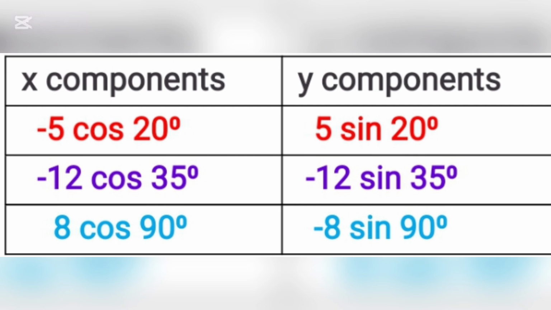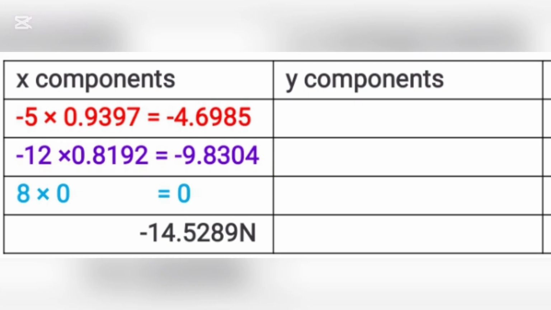Looking at the table we have, we will substitute in all the values of the sine and the cos. So we start with the x component. We have minus 5 cos 20 degrees. Cos 20 degrees is 0.9397. If we multiply this by minus 5, we will get minus 4.6985.